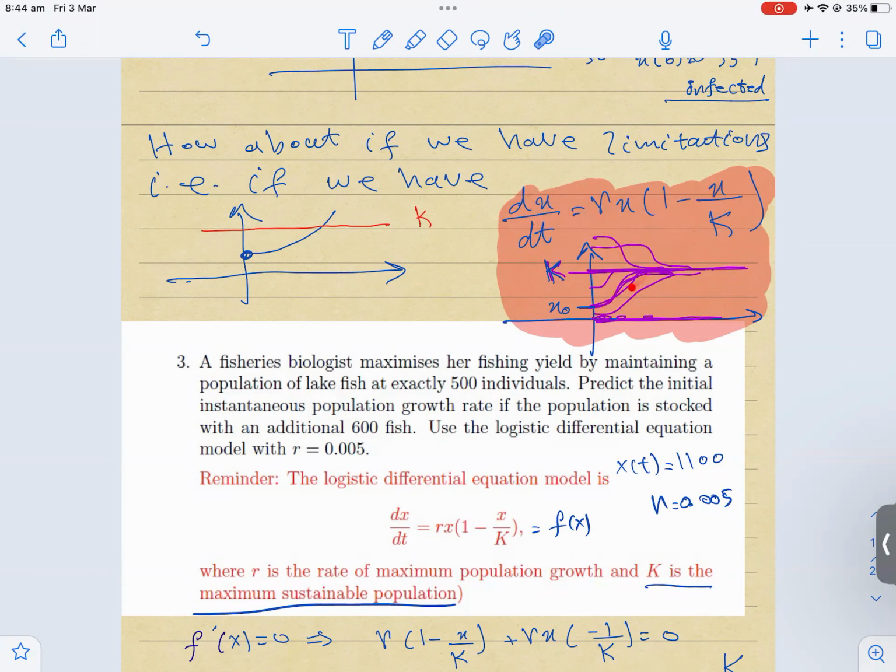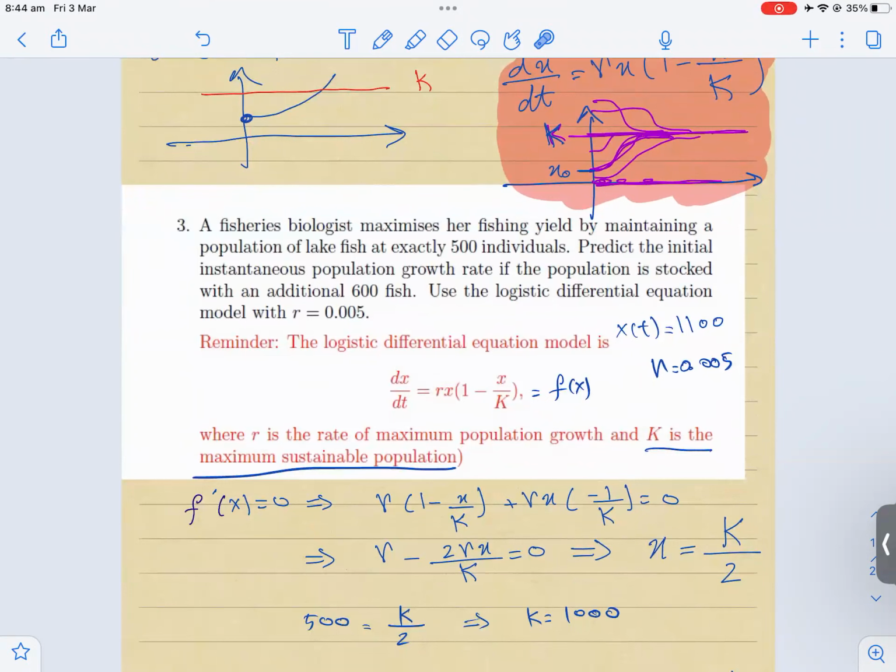So if x is 0, it will be the old model. If x equals K, this will be 0, so the x prime will be 0. All right. So if x is more than K, this will be decreasing, so the x prime will be negative, which is compatible with what I have drawn here.